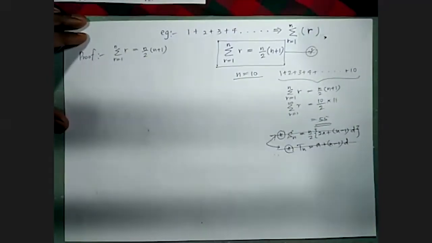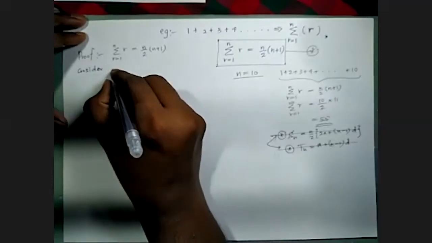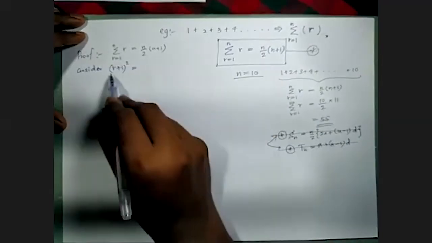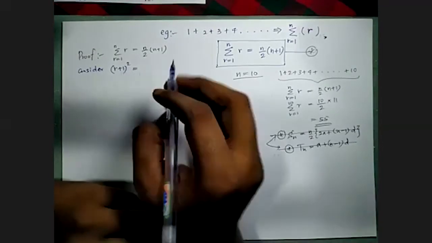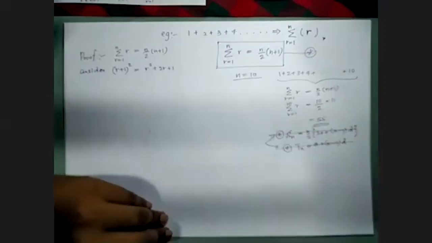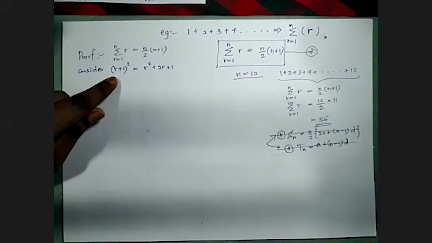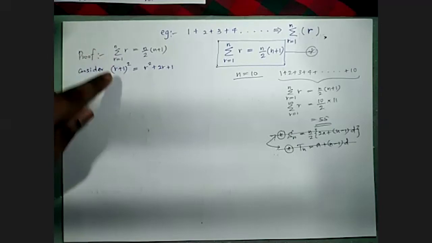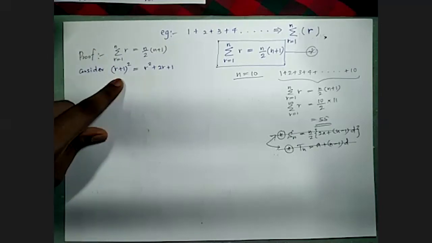Okay, first step is to consider r plus 1 whole thing squared. What is the expansion of r plus 1 whole thing squared? r squared plus 2r plus 1. You have to keep this in mind. For the proof of this theorem, you have to use this equation.